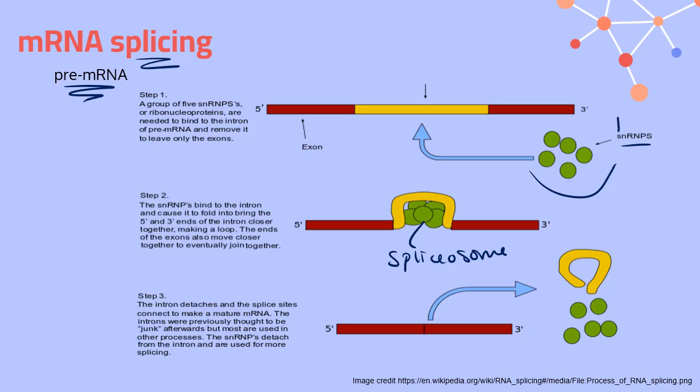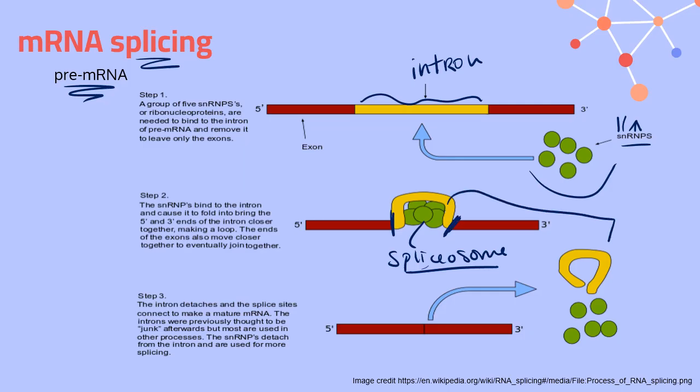snRNP stands for small nuclear ribonucleoproteins. And again, together they form what we call a spliceosome. It binds to this piece of the messenger RNA that we refer to as an intron, and then that intron literally gets snipped or spliced out of that piece of messenger RNA.